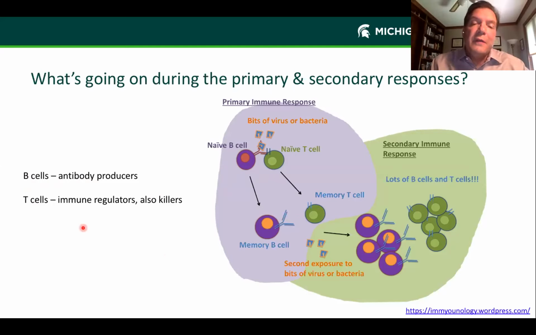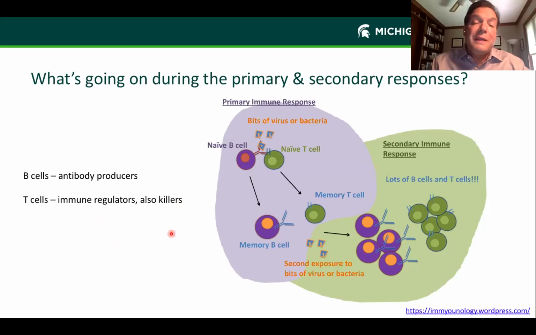T cells have really two functions in the immune system. One function or set of functions for T cells is that they are regulators. So they control a lot of the outcomes in the immune system. They help other cells do their role very well, and they also produce regulatory molecules that control some of the cell types that are brought into the immune response.